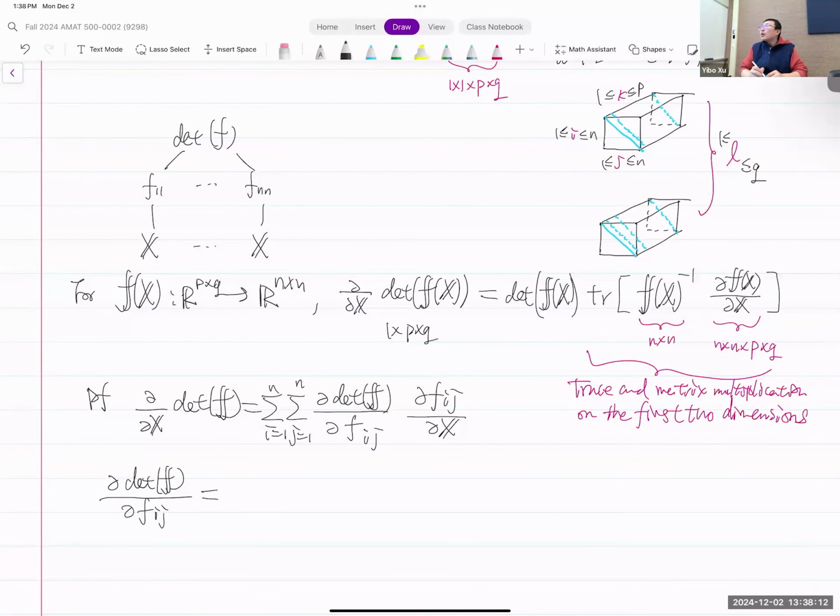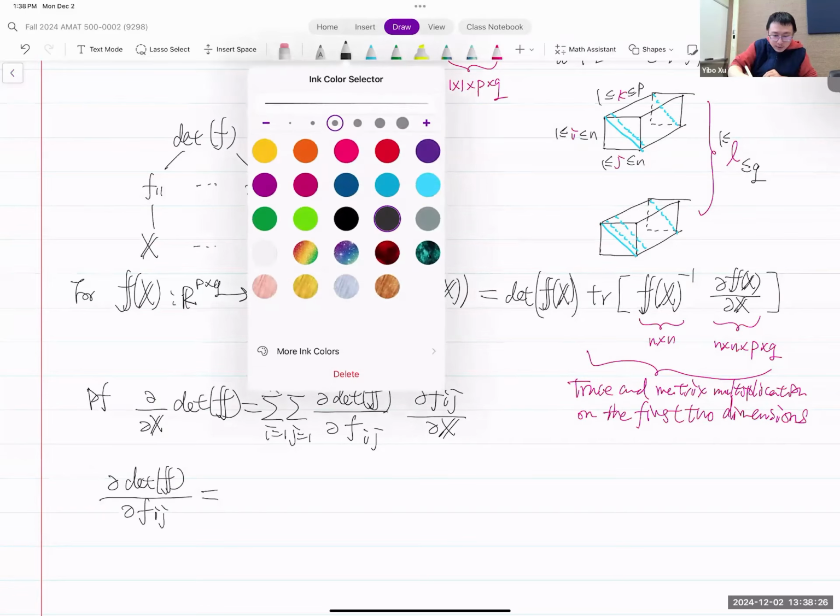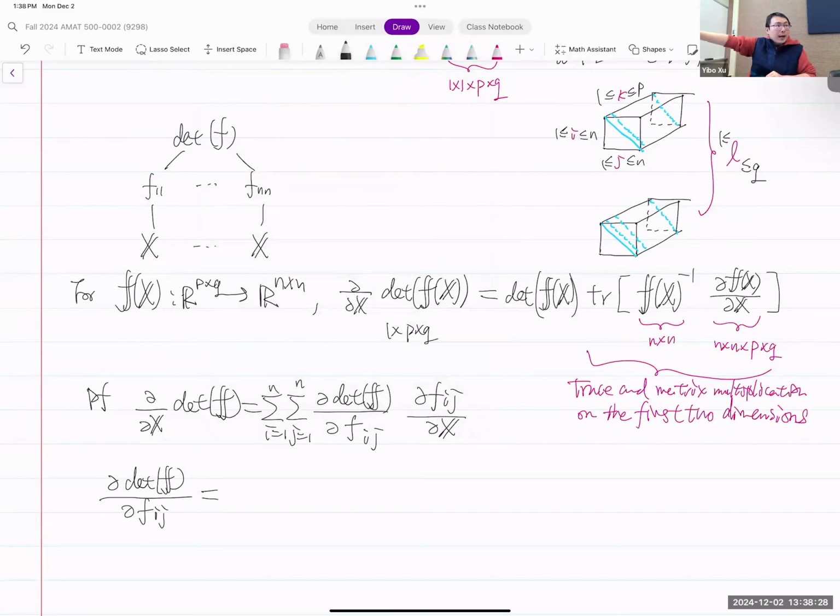So when you're doing the partial, you're saying, okay, for the entire square matrix F, I'm only changing the ith row, jth column entry, but nothing else. So here I can isolate the effects of Fij just by doing the Laplace expansion along the ith row. Fij is on the ith row, right? So I look at that, and then Fij times the cofactor, and in the cofactor nothing is changed.